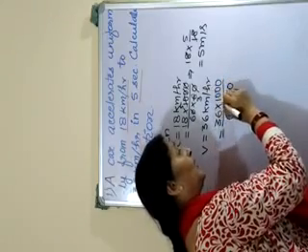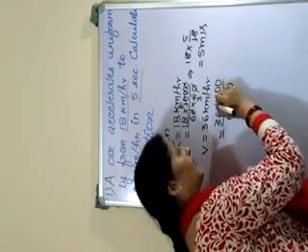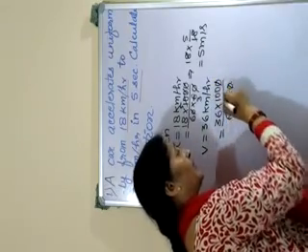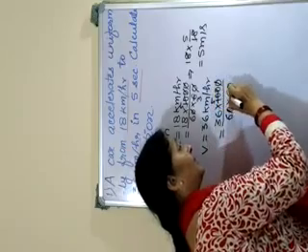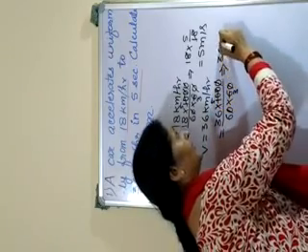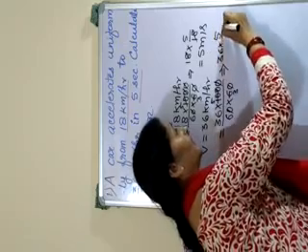Only this part we will calculate or solve, then we will get 36 into 5 by 18.